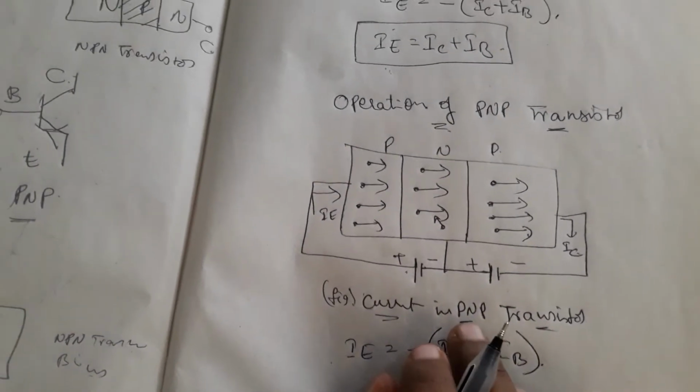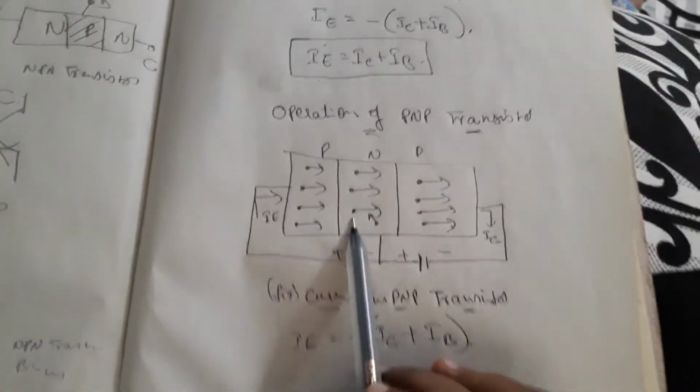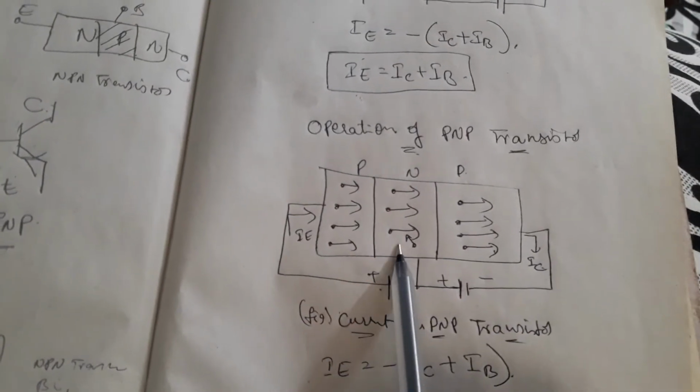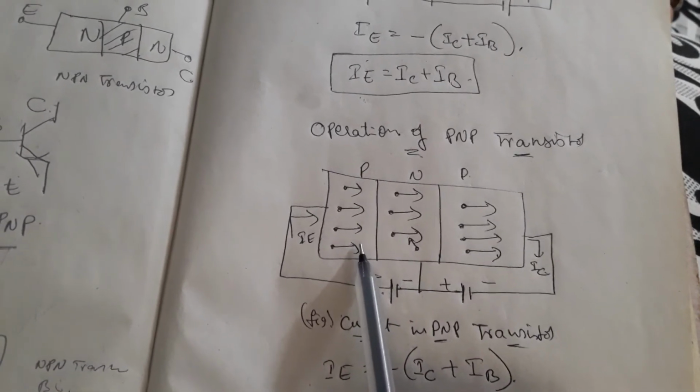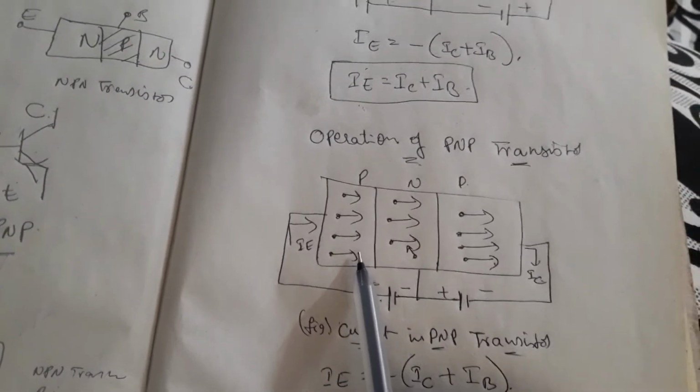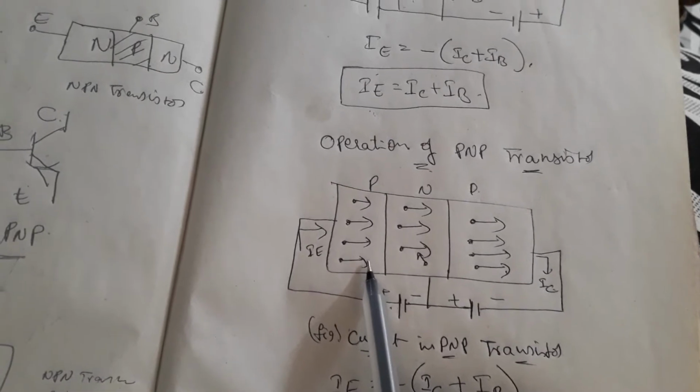What is the operation of a PNP transistor? The forward bias applied to the emitter base junction of a PNP transistor causes a lot of holes from the emitter region to cross over to the base region.